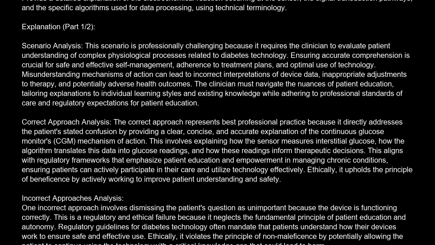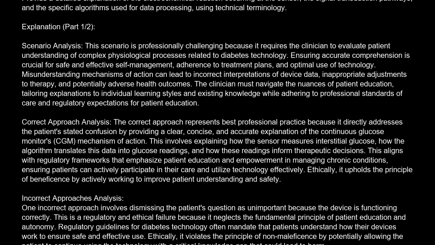Misunderstanding mechanisms of action can lead to incorrect interpretations of device data, inappropriate adjustments to therapy, and potentially adverse health outcomes. The clinician must navigate the nuances of patient education, tailoring explanations to individual learning styles and existing knowledge, while adhering to professional standards of care and regulatory expectations for patient education.